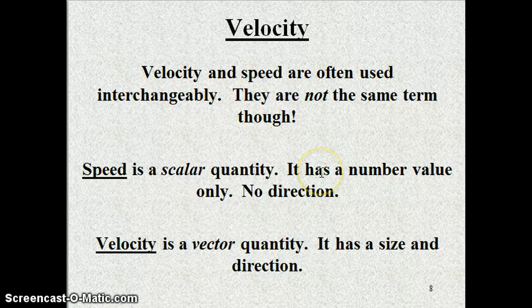Time is a scalar because 3 minutes have gone by. That's not 3 minutes to the southeast. Temperature is also a scalar, right? It's 75 degrees outside. You wouldn't say it's 75 degrees to the northeast. That makes absolutely no sense, right? So all quantities can either be a scalar or a vector. In this case, speed is scalar, velocity is vector.